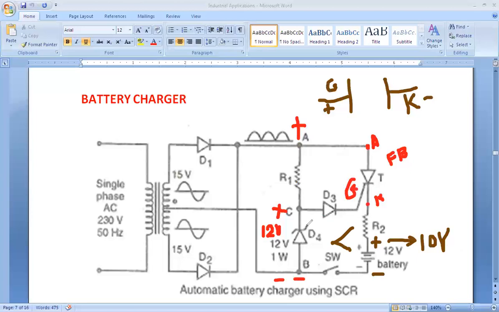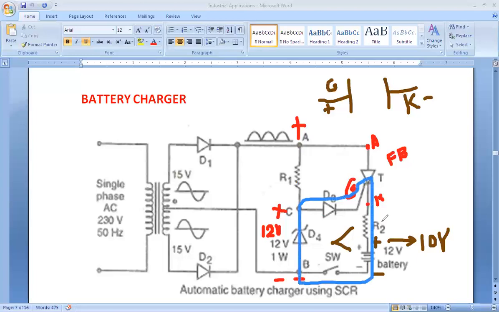Therefore, the current starts flowing from terminal C through the diode, because it is in this direction only. Then the gate terminal, then the barrier of the cathode, then through the resistor, then the battery, and this is just a switch to connect or disconnect the battery manually, and return to the Zener. So this is the flow of current.